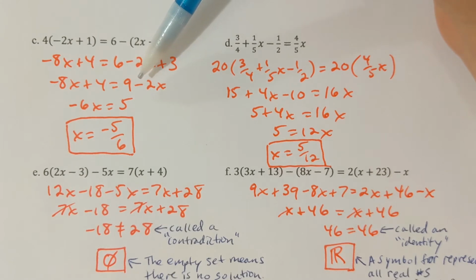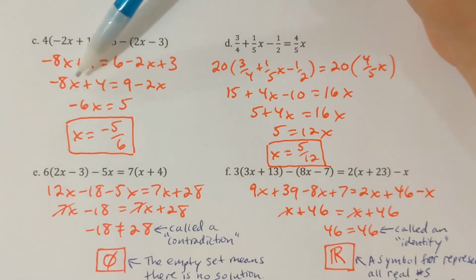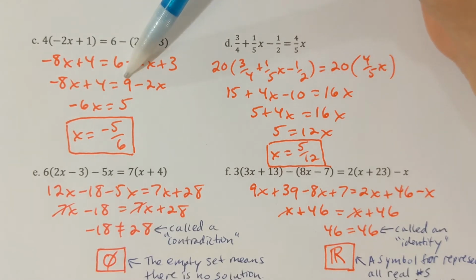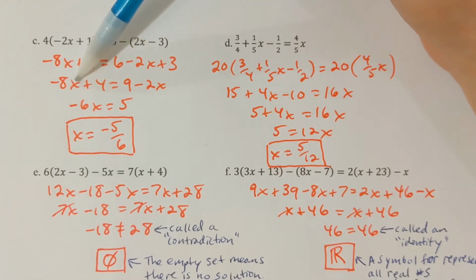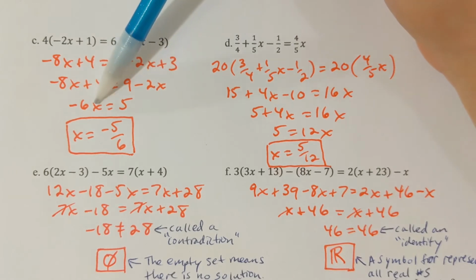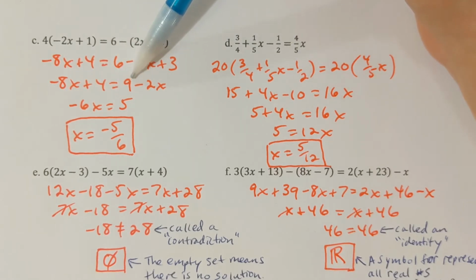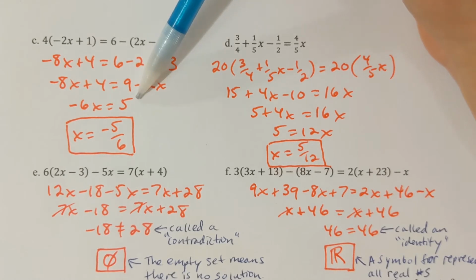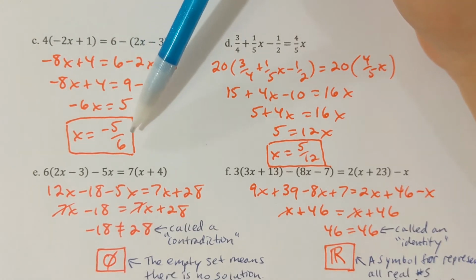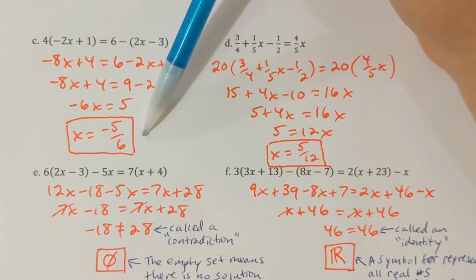And then the next thing, I'm going to add 2x to both sides and then subtract 4 from both sides. Negative 8x plus 2x is negative 6x on the left. And then I'm also subtracting 4 from both sides. 9 minus 4 is 5 on the right. Last thing, divide both sides by negative 6. And so x equals negative 5/6 would be the answer on that.